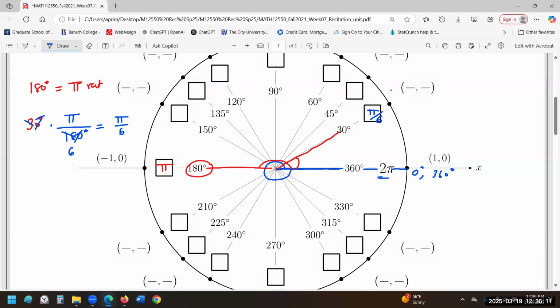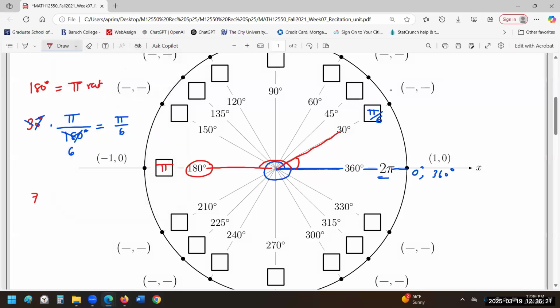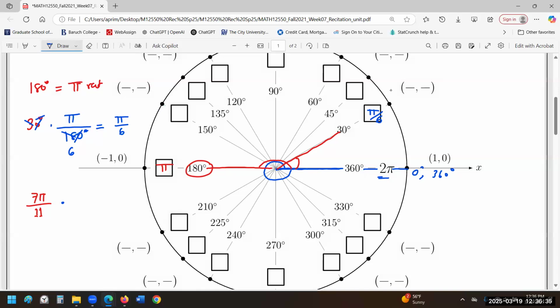And we can also go the other way around, radians to degree. Let's say you have 7 pi over 11 radians. Now you have no idea where this 7 pi over 11 is in the unit circle. Well, no problem, because we can convert this into degree.